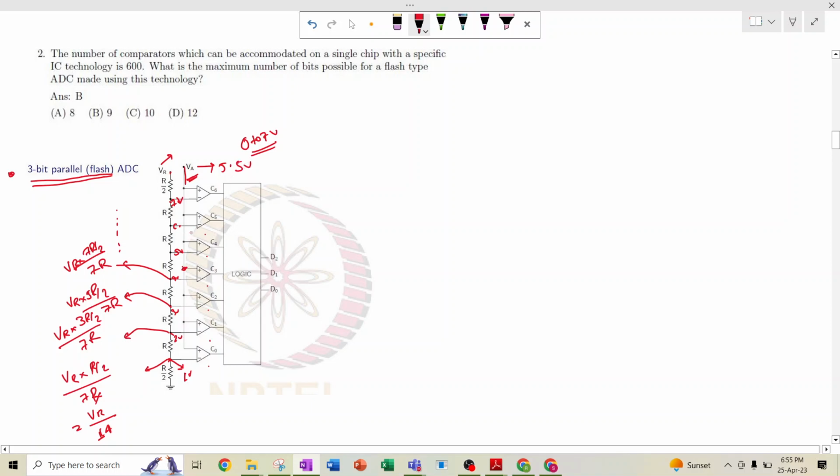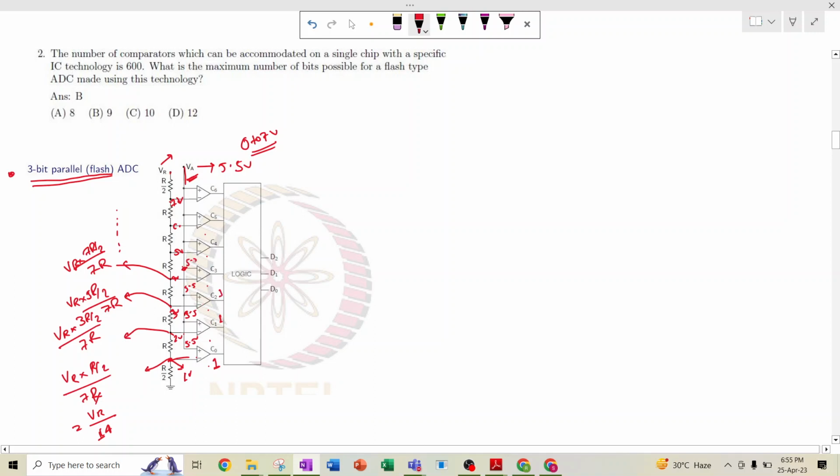So 5.5 volt. Here we are using the proper voltage divider rule. Here we are getting 1 volt at the negative terminal and 5.5 volt at the positive terminal, so the output will be 1, because the positive terminal is greater than the negative terminal. Here also we apply 5.5 volt and here is 2 volt, so the output will be 1.